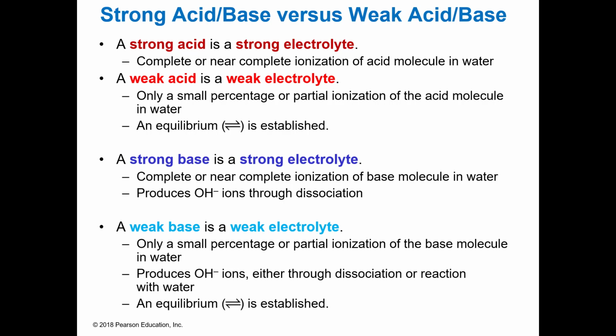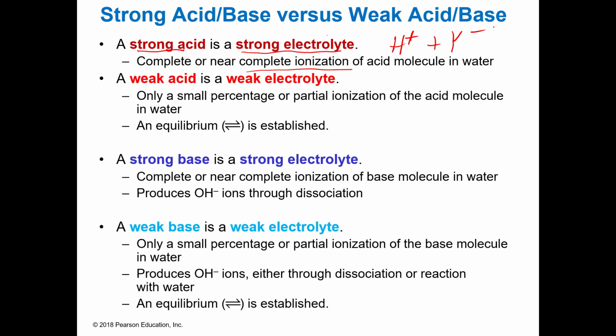So when we put these things in water, they're going to ionize. It's called hydrolysis, right? And so if you have a strong acid, the strong acid is going to produce a strong electrolyte because it's going to completely ionize. So a strong acid will completely ionize into H plus and then whatever its anion is.